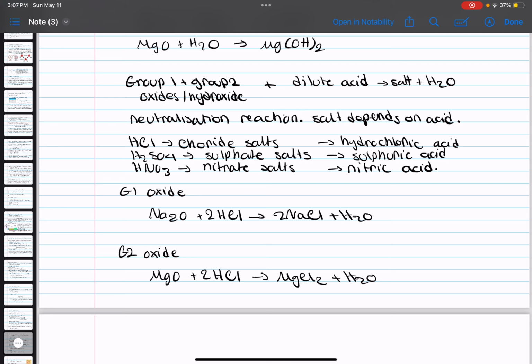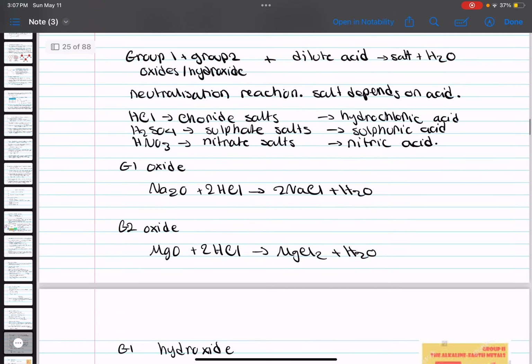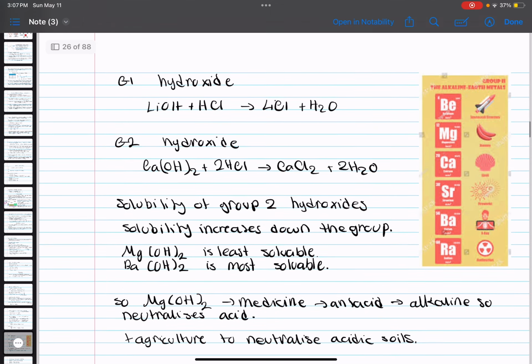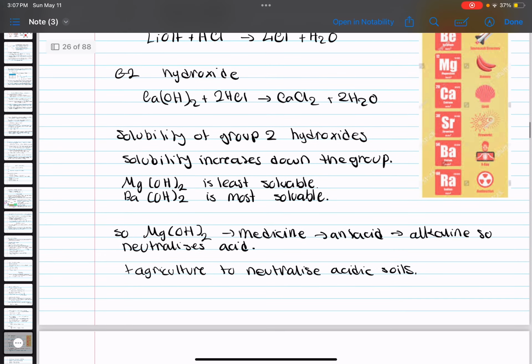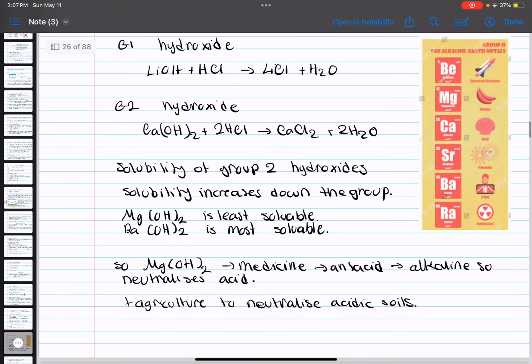So group 1 oxides plus HCl would give you 2NaCl plus H2O, and then the same reaction will happen with group 2 oxides. So group 1 hydroxides plus HCl is going to give you lithium chloride plus water, and the same thing for group 2 hydroxides, except it's going to be CaCl2 plus 2H2O. Again, solubility of group 2 hydroxides increases as you go down the group.